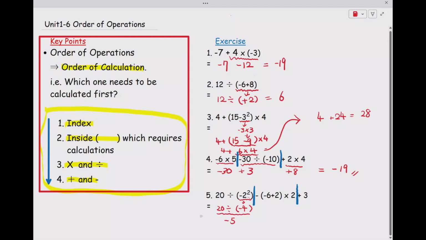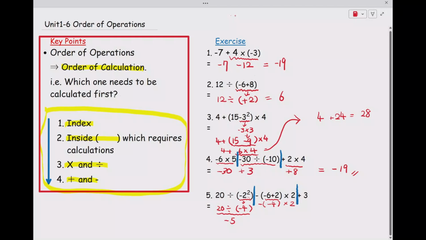Next, if you look at second part of the equation, there is no index, but there is something in brackets that requires calculations. So, we need to calculate bracket minus 6 plus 2 first, and it would be minus 4. Therefore, the second part will be minus bracket minus 4 times 2.